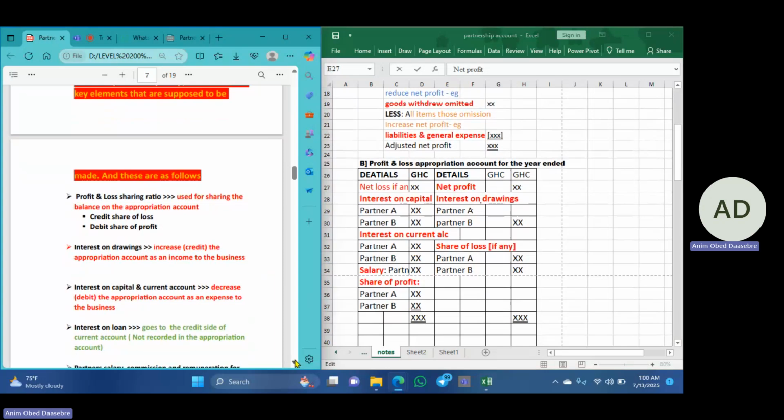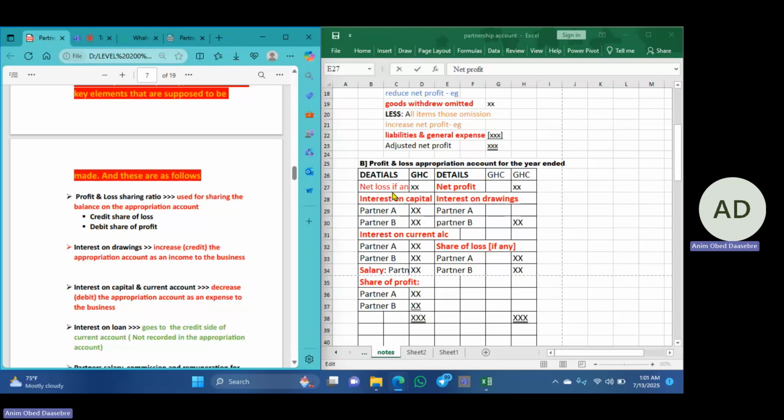Now, the next thing is to also consider the share of loss, if any. So if there is a share of loss, maybe after doing all the balancing, the share of loss will be recorded at the credit side of the appropriation accounts, because it is a loss to the business.